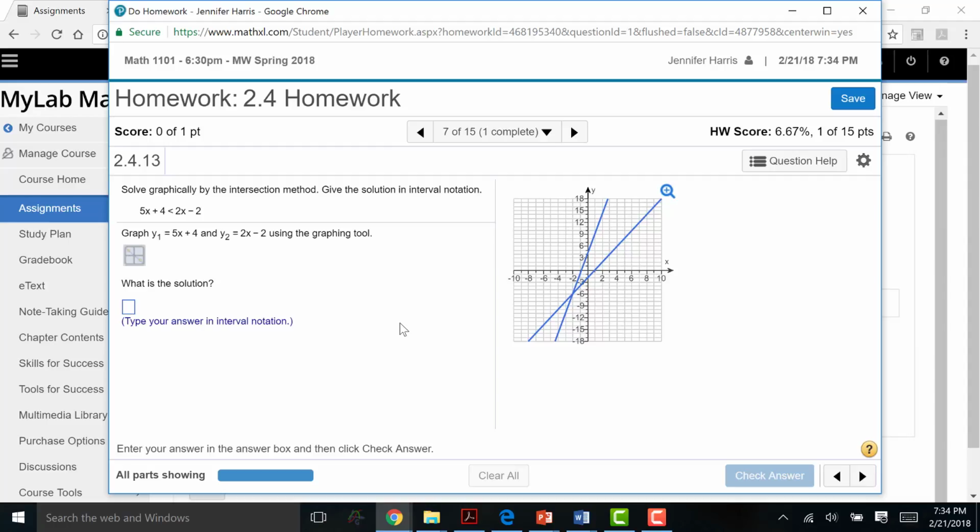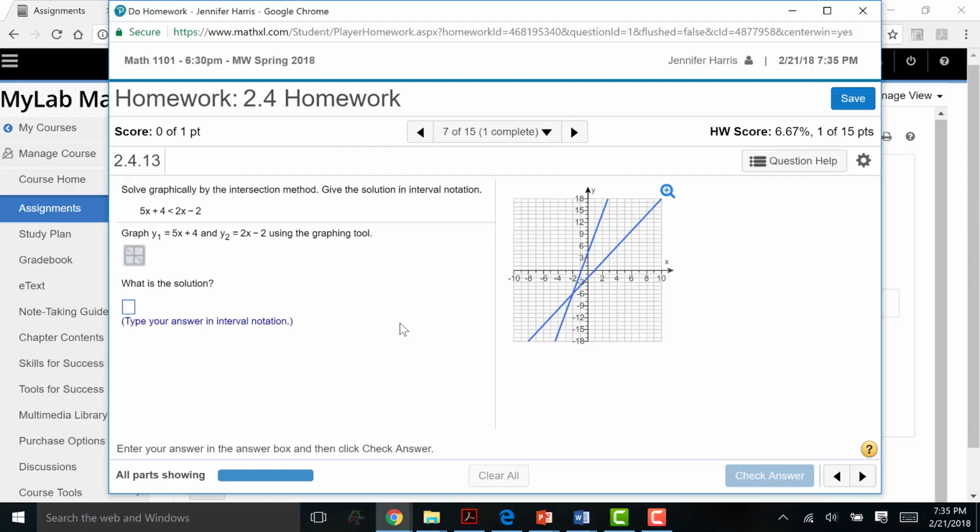And I want to graph everything to the right or left? To the left. So shade everything to the left. Do I put a bracket or parentheses? Parentheses, there's no equal sign. Do you see an equal sign underneath either one of these? So parentheses. There we go.